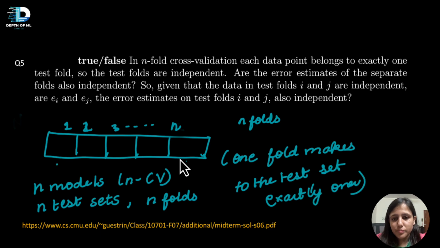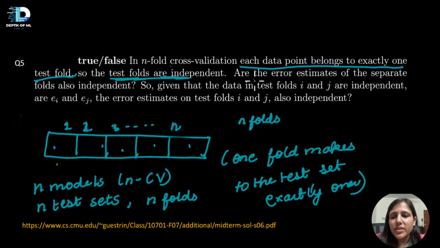So this statement, what they're saying is each data point belongs to exactly one test set. So now these folds will have data points, and every data point will belong to exactly one test fold. Correct? So they're saying test folds are independent.